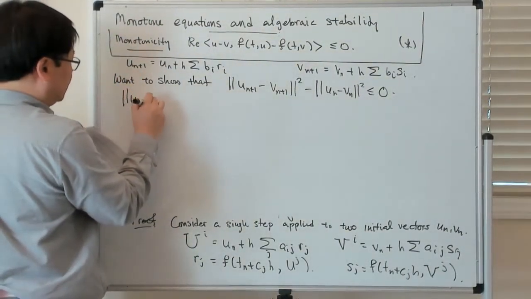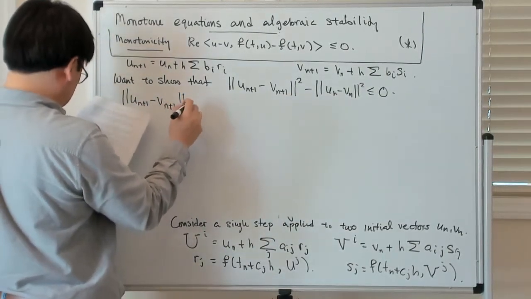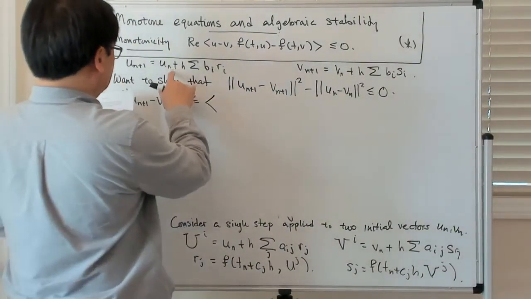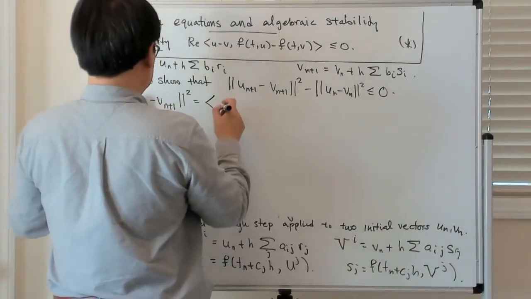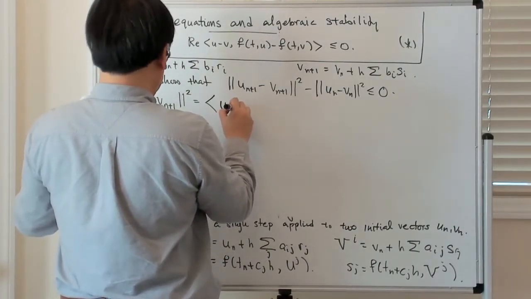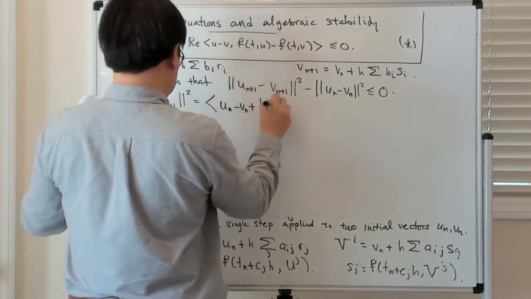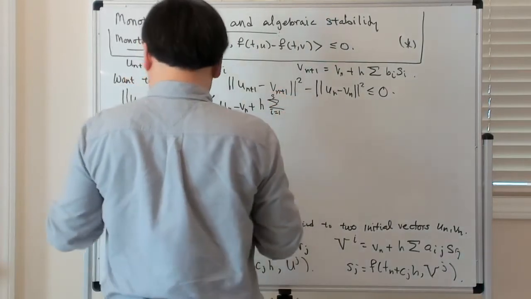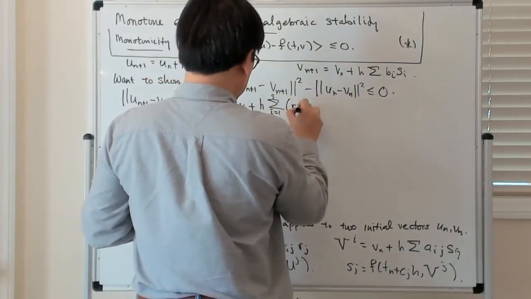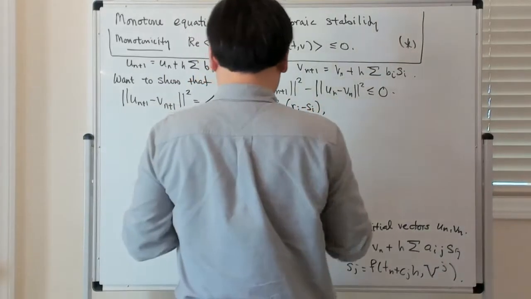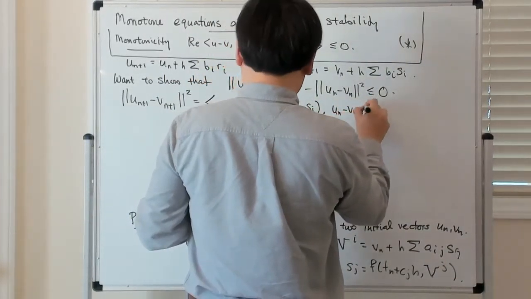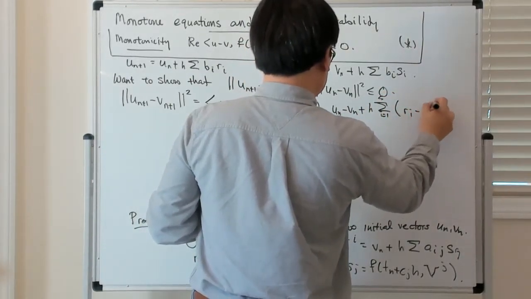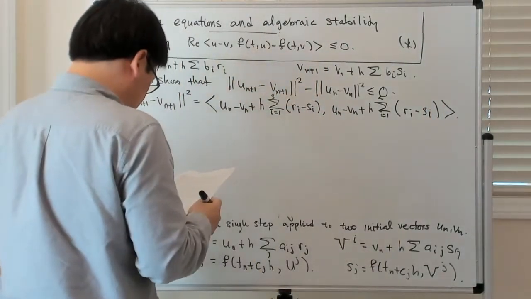So Un plus 1 minus Vn plus 1 squared is nothing more than the inner product between the difference of these two things, right? So that's Un minus Vn plus H, the sum from i equals 1 to s of Ri minus Si, comma, Un minus Vn plus H, the sum over i equals 1 to s of Ri minus Si. Okay.